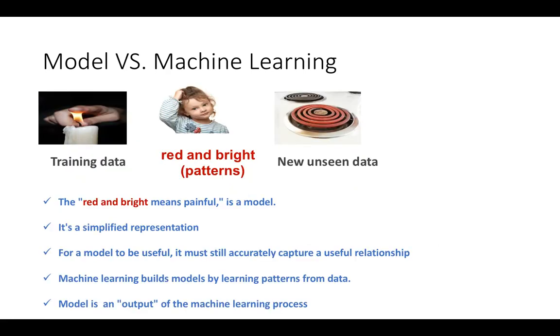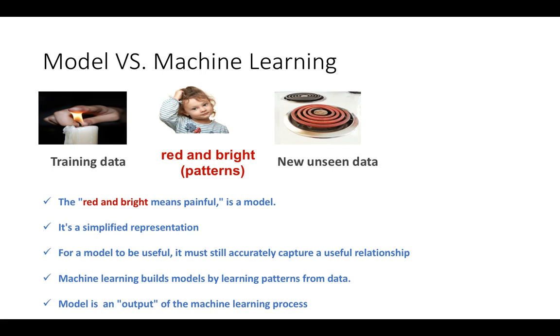And just to recap what we talked about regarding models and machine learning some time back, we talked about an analogy of the candle and the stove top and the curious kid. So what happened in that analogy? The curious kid stuck her finger over the candle and then learnt a lesson that red and bright means painful, and that we called a mental model she created.